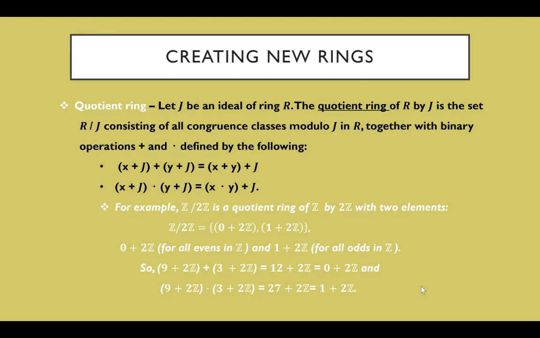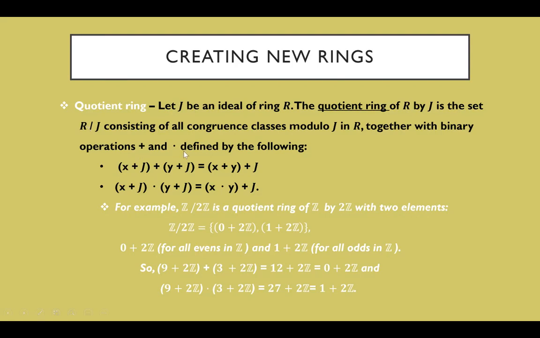Next, we're going to look at a quotient ring, and it's going to begin with an ideal of our ring, which we discussed earlier. So the quotient ring is going to be the set, which we will notate as R/J, and it's going to consist of all the congruence classes modulo J in R. And again, we're using our binary operations.